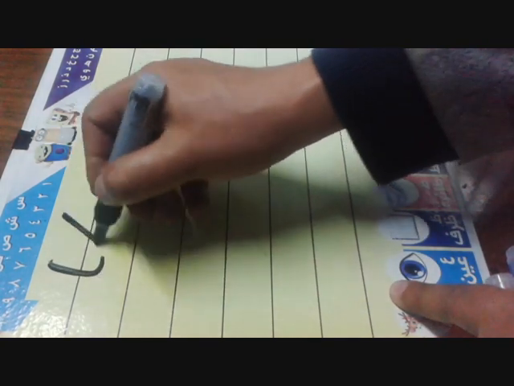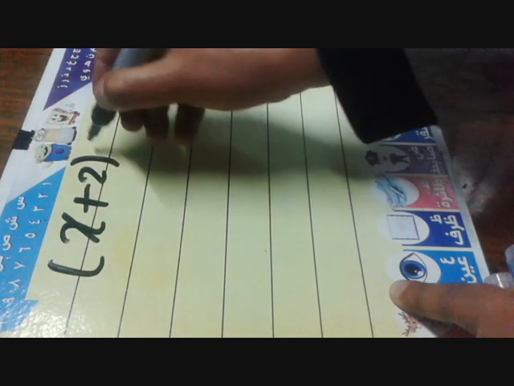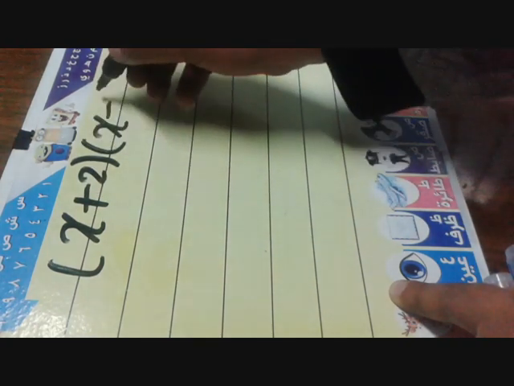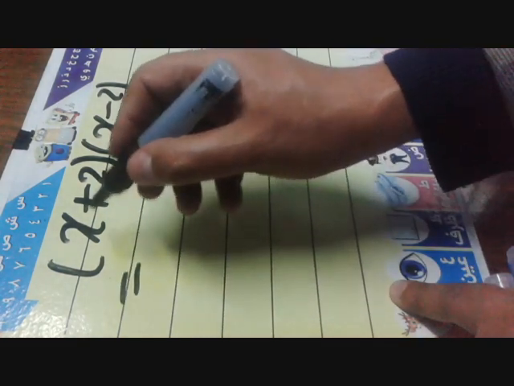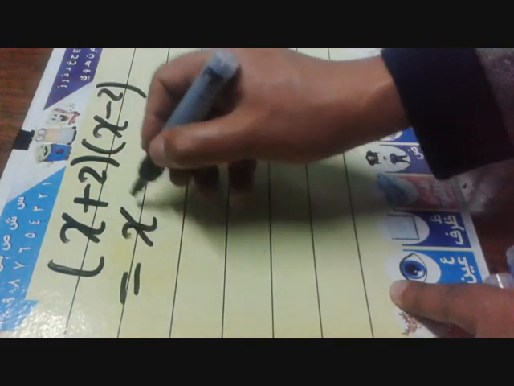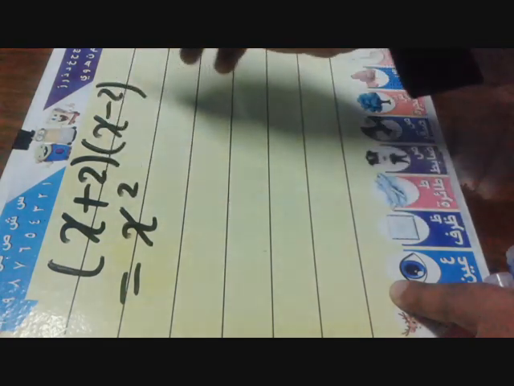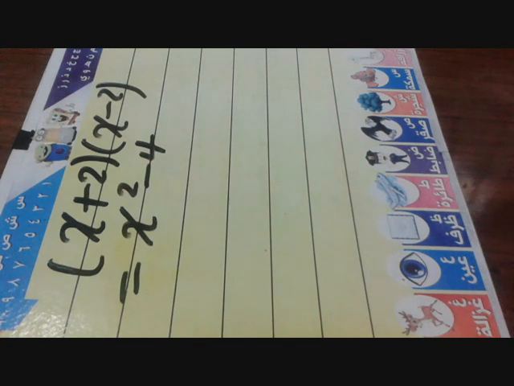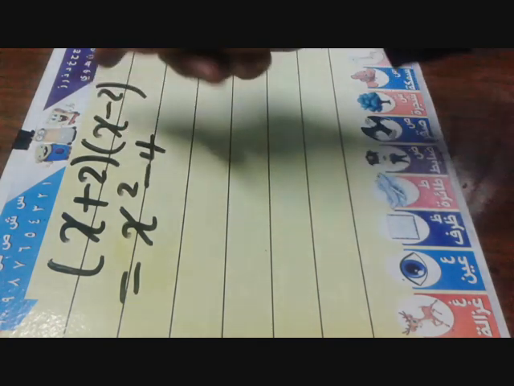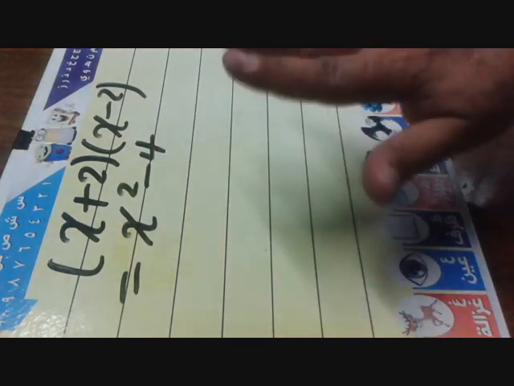Multiply x plus 2 times x minus 2. X times x equals x squared. 2 times negative 2 equals negative 4. We don't have a middle term here because 2x minus 2x equals 0.